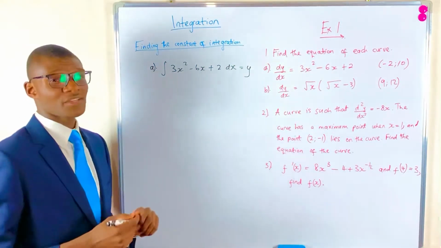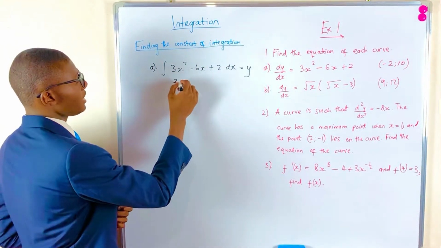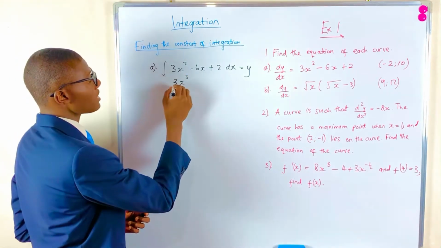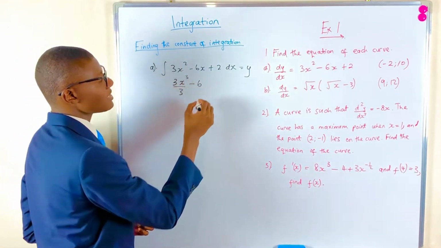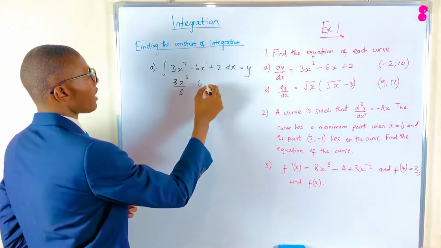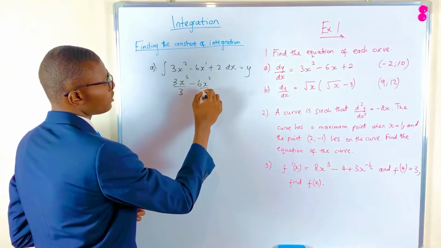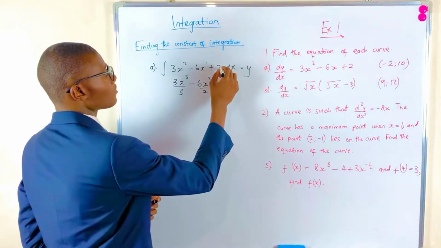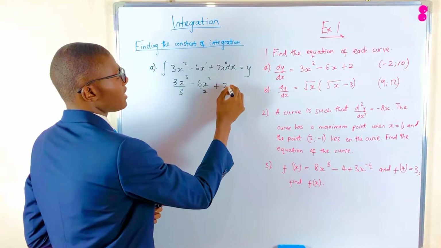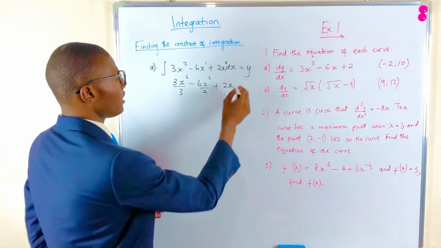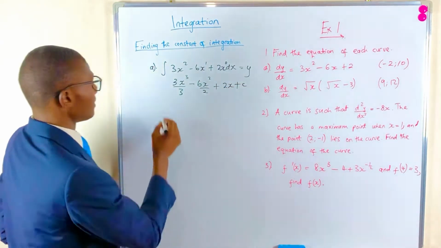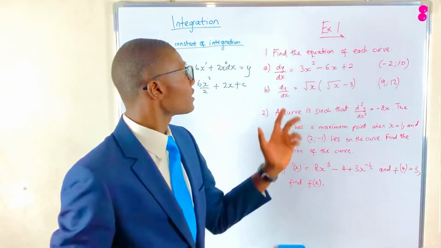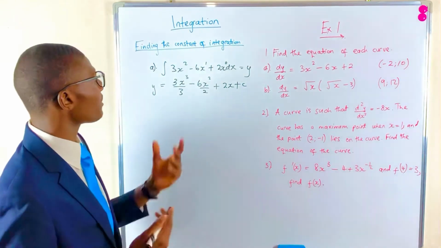The integral of 3x squared would be 3 times x to the power of 2 plus 1, which is 3 over 3, then minus 6 times the integral of x to the power of 1, that's x to the power of 2 over 2, then plus 2 times the integral of x to the power of 0, which is just x, then plus the constant of integration c. So this is the equation of the curve for part A.